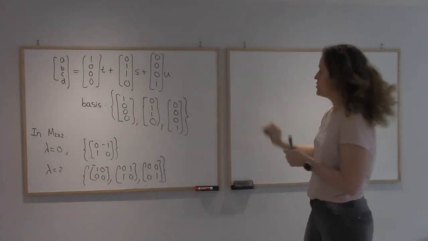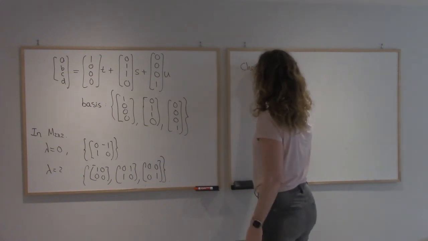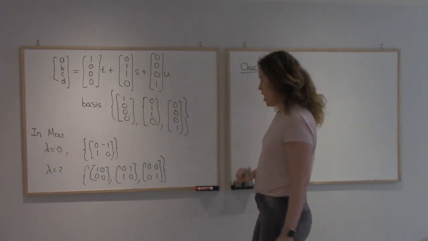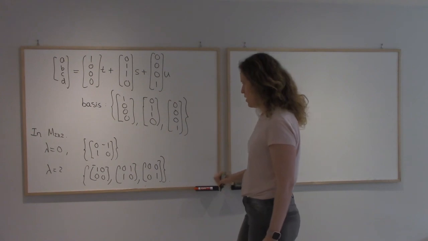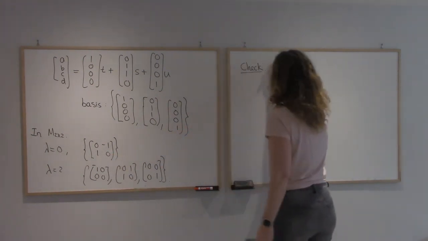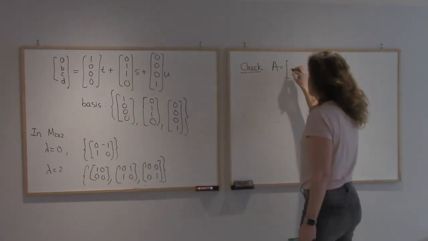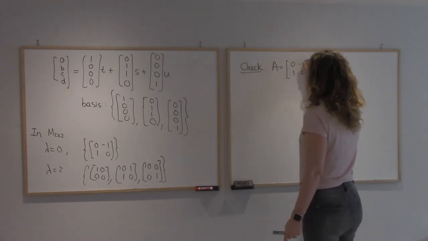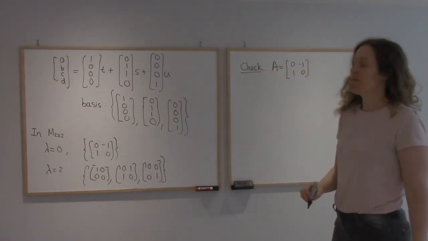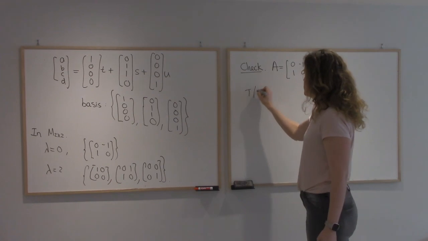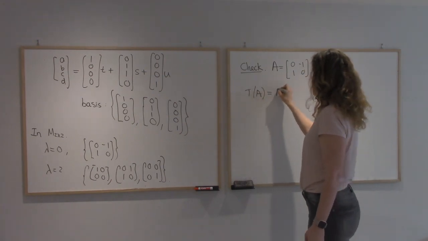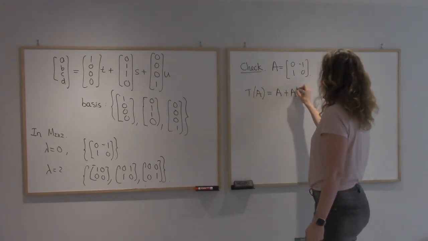All right, just for fun, let's check. Let's take this one. I want to check that it's an eigenvector, so I'm going to apply T to it. I'll get A plus A transpose.